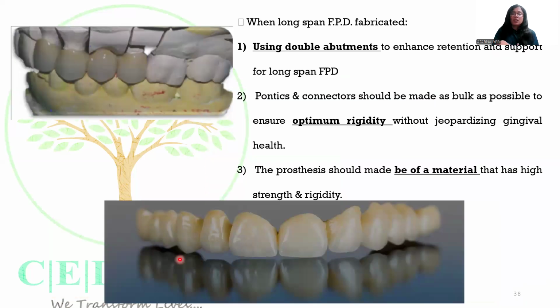So in such cases, how do you minimize it? You can try giving a double abutment as shown here. Also make sure that the pontic and the connector are of optimum strength and bulk, and the material used is strong enough. But make sure when you are giving such double abutments, there is a good amount of space for the patient to clean using an interdental brush or a super floss or a bridge floss, etc.